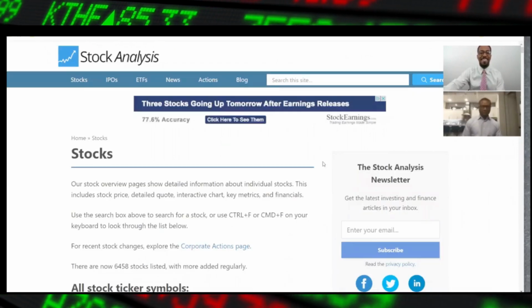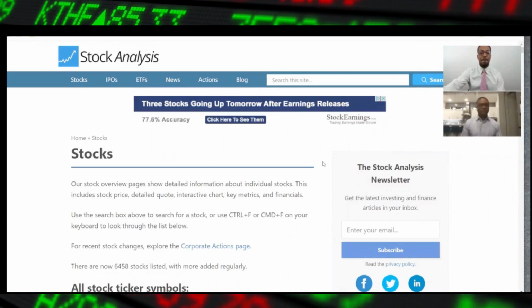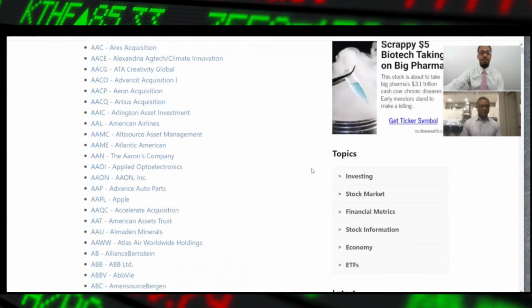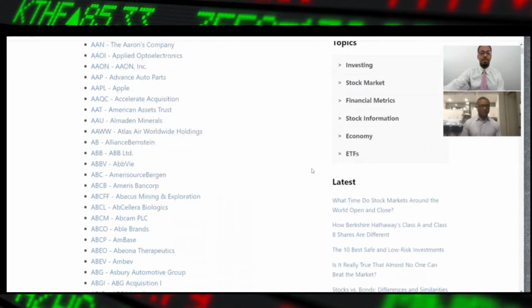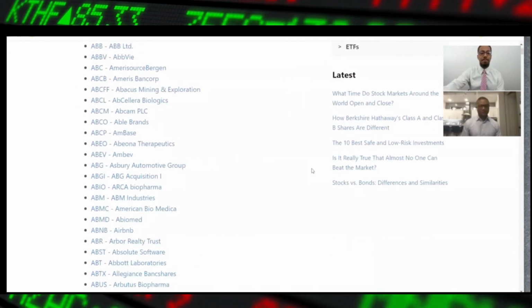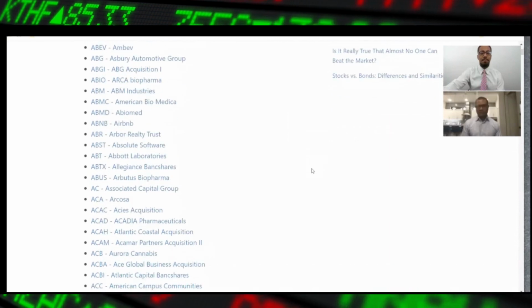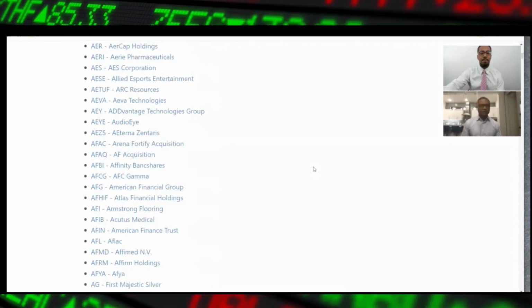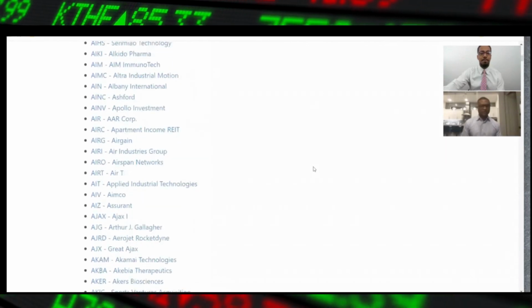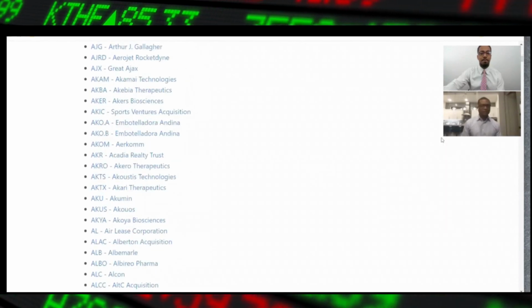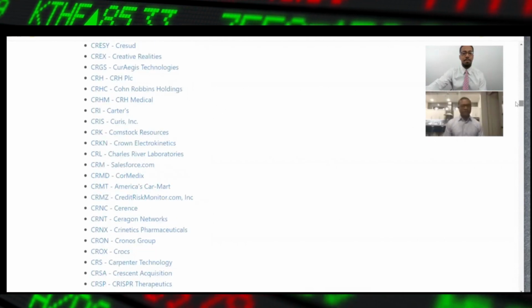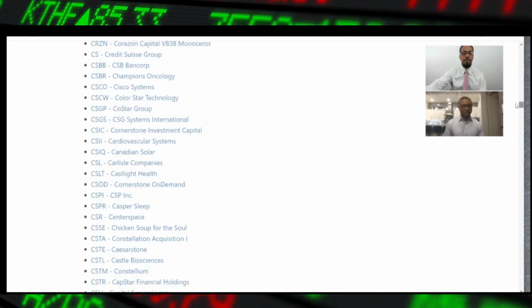And so you can look up any stock symbol here. And as you're scrolling down, you have those different types of stocks. It's in alphabetical order, so it makes it easier for a lot of you guys that are looking for a particular stock symbol, you beginners. And sometimes it's one letter up to four letters or whatnot. That's one of the easiest ways you can do it.